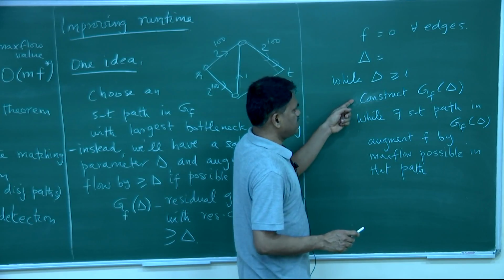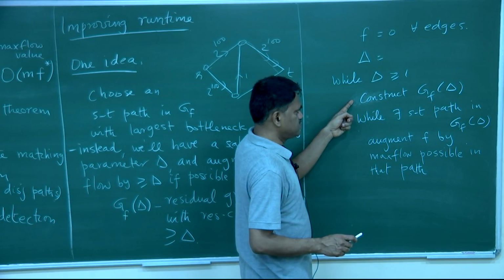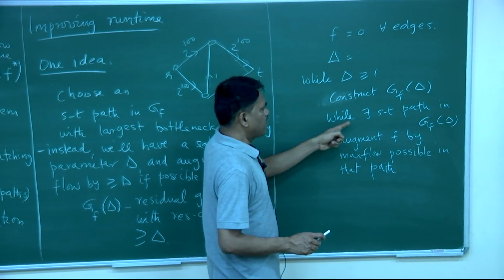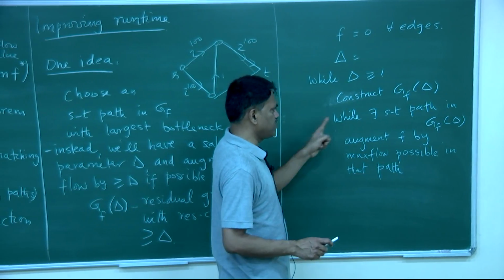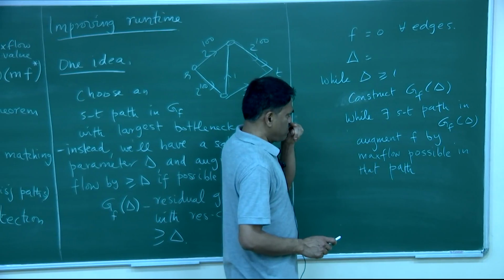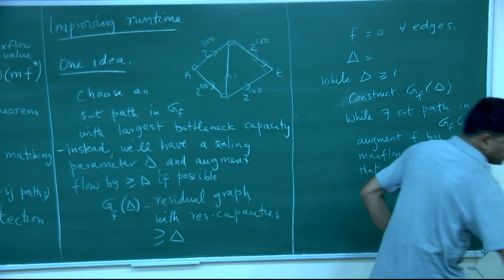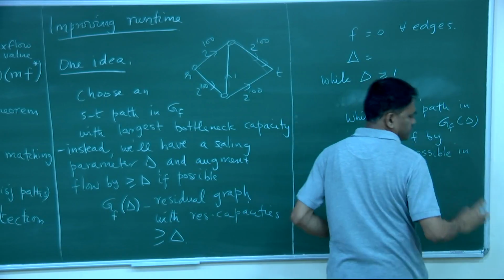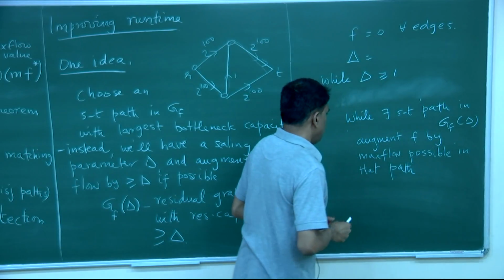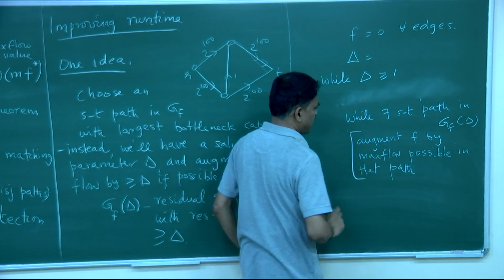Then we'll construct GF delta. So as long as there is an ST path in this GF delta, we'll keep augmenting it this way. So maybe this makes sense. We'll keep applying this while loop, right?